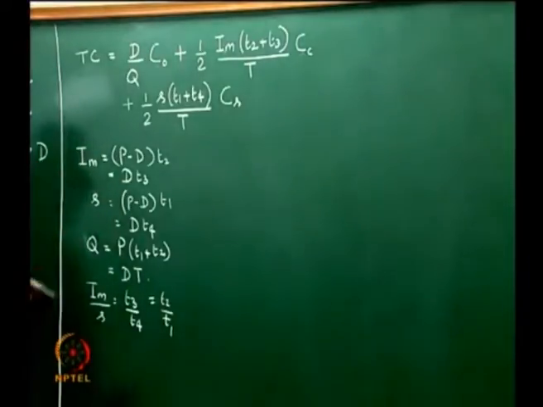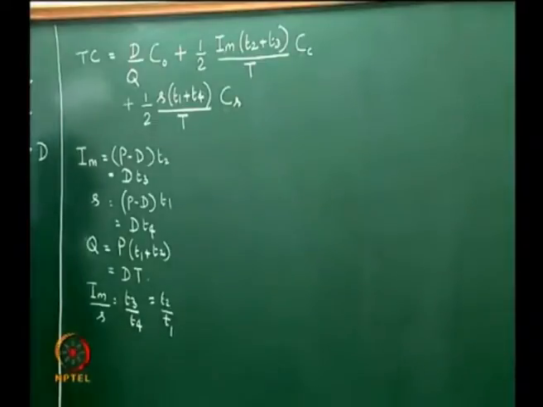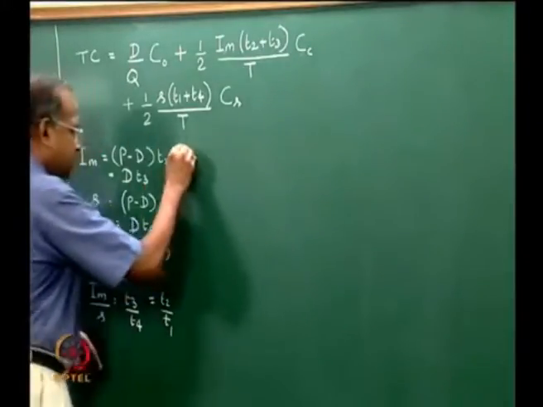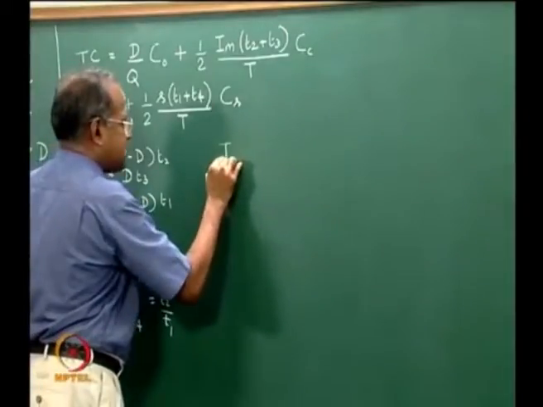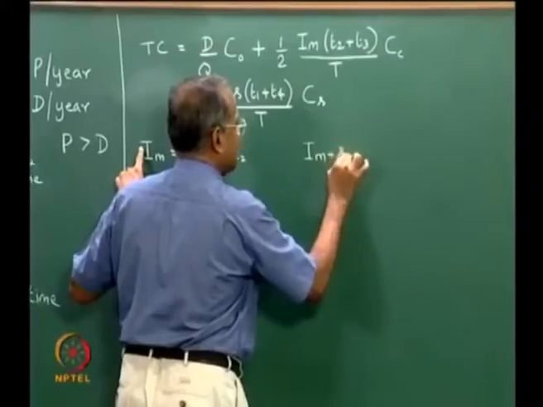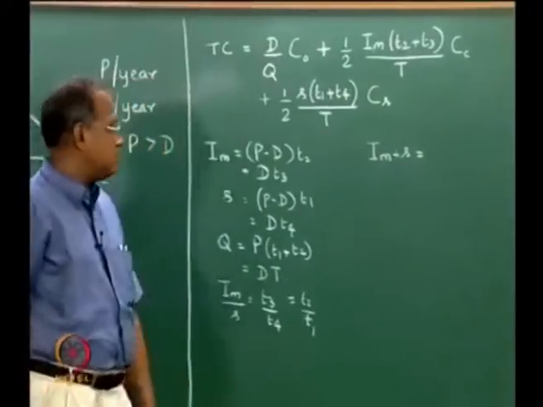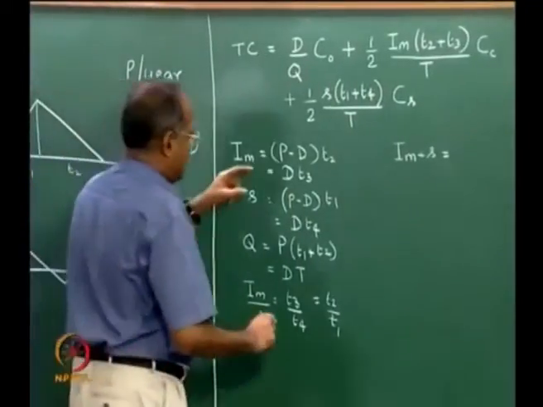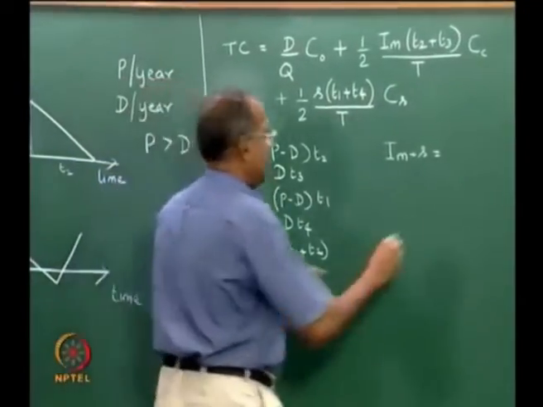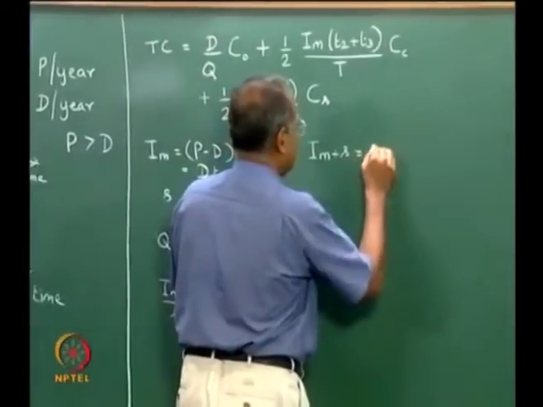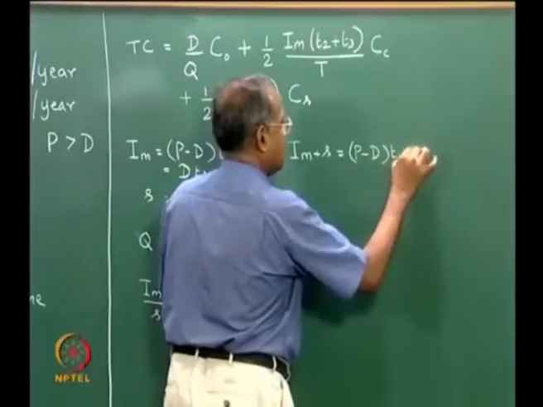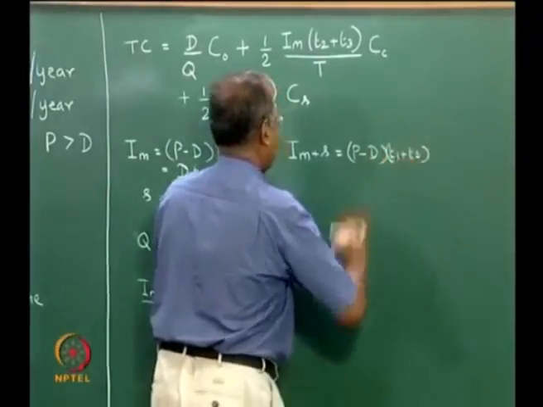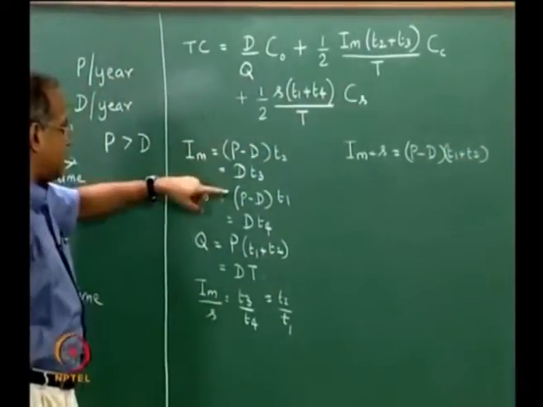Now, let us write a few simple equations from this. These are all the relationships. So, we can write Im plus S is equal to (P minus D) into (T1 plus T2).